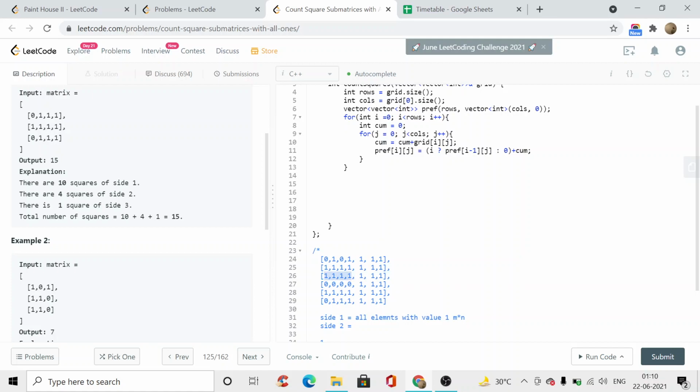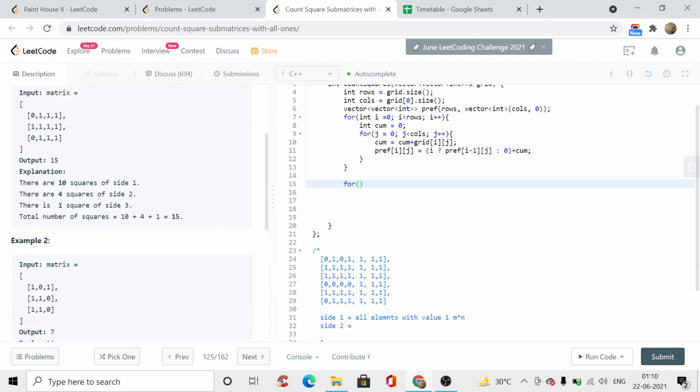Similarly for this it will be 0 1 2 and then the rest of them will be 2 times. So this is how it's going to be. If you consider this whole thing, it's not very high. I don't know about its complexity. Let's just do the code and we'll find out what its complexity is and whether it passes or not.